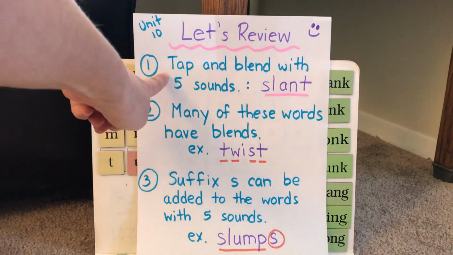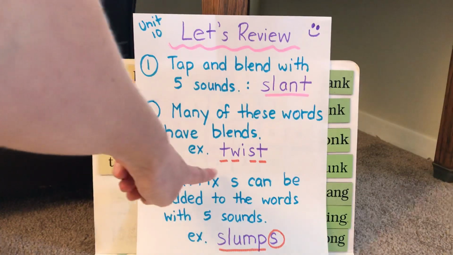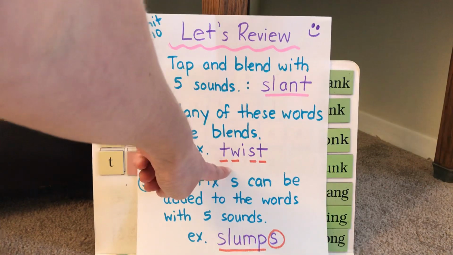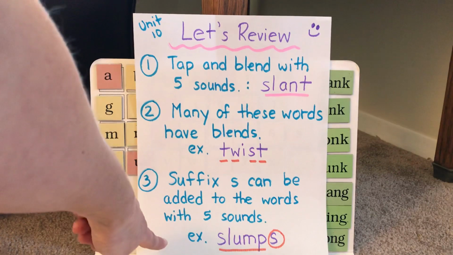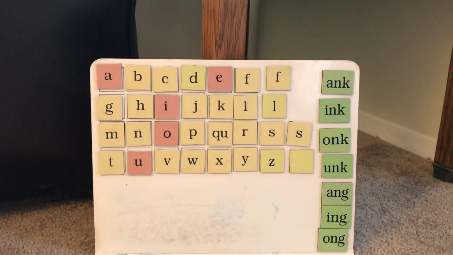So let's just focus on those 3 things. Tapping and blending with 5 sounds, the fact that many of the words have blends and we can mark them, and now the fact that suffix S can be added to the ends of the words. Okay, so now let's make a word with 5 sounds and remember how we tap it. Remember, after our pinky, we go back to our pointer like this.